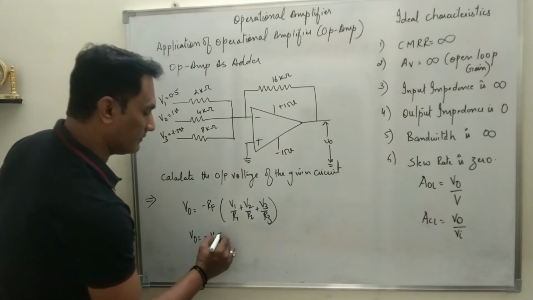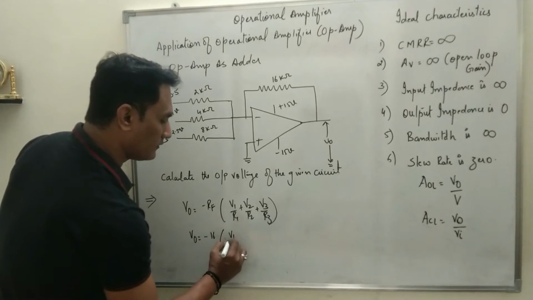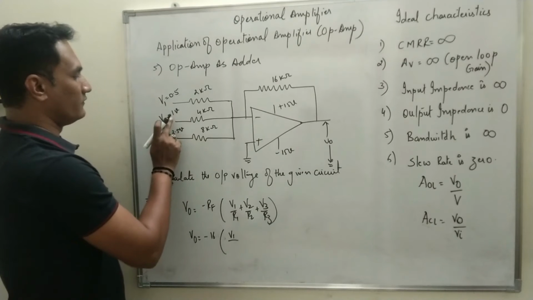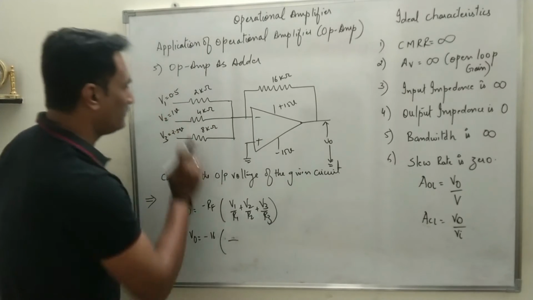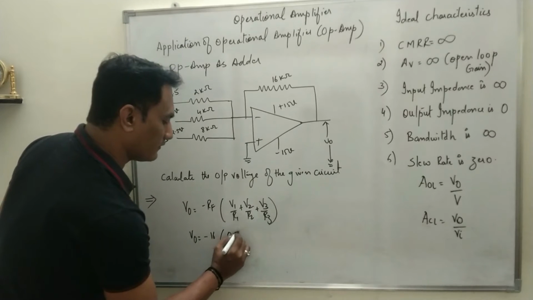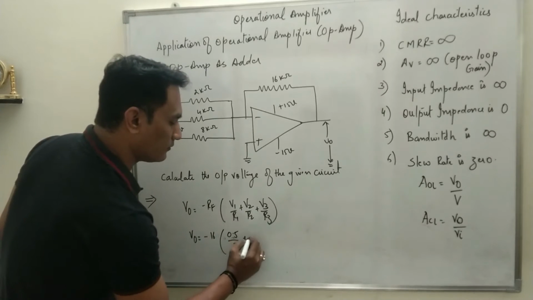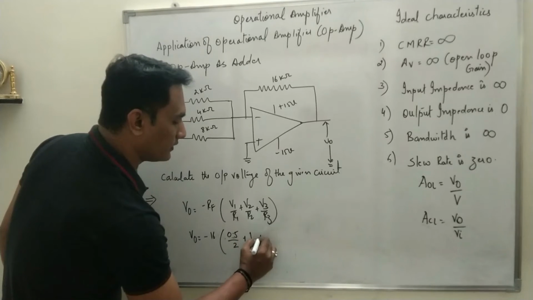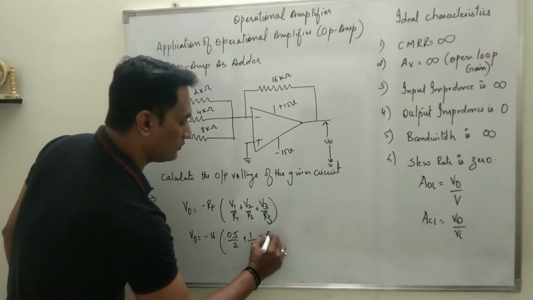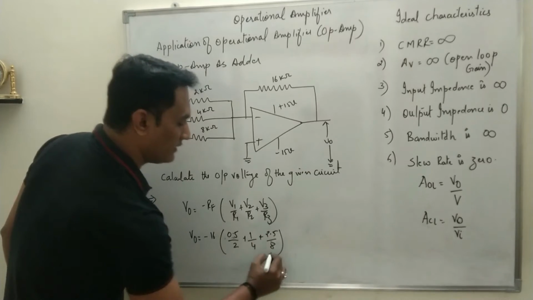We can say 16. Then V1 upon R1. R1 is 2 kilo ohms. So I can say, what is the value of V1? V1 is 0.5 divided by 2, plus 1 divided by 4, plus 2.5 divided by 8.